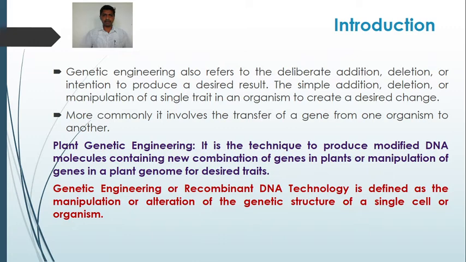Genetic manipulation or alteration in the organism or plant is called plant genetic engineering. It is the technique to produce modified DNA molecules containing new combinations of genes in plants for desired traits, or the manipulation of genes in the plant genome for desired traits.